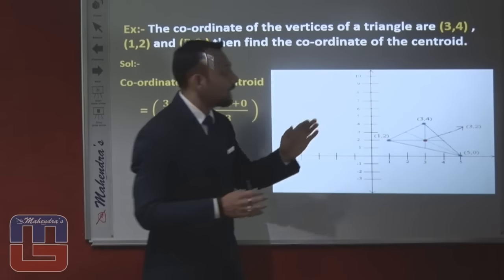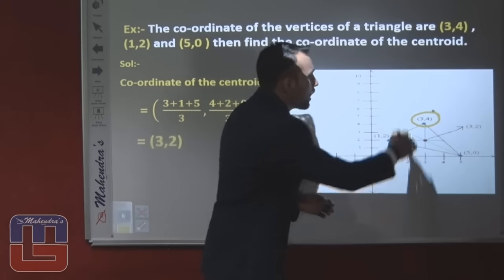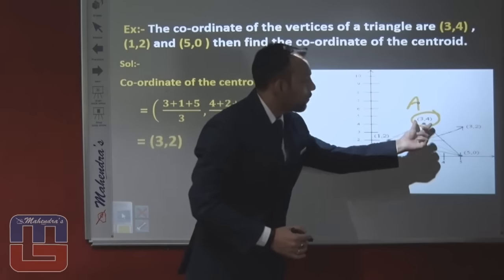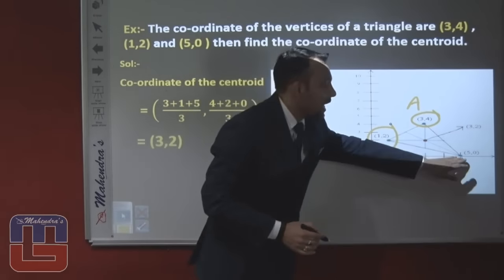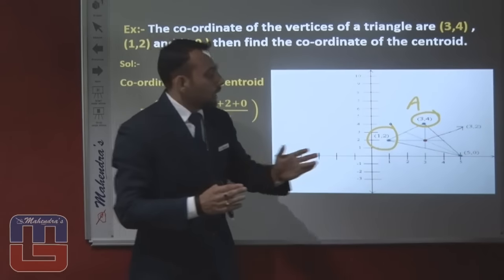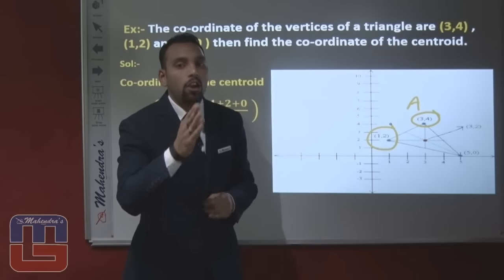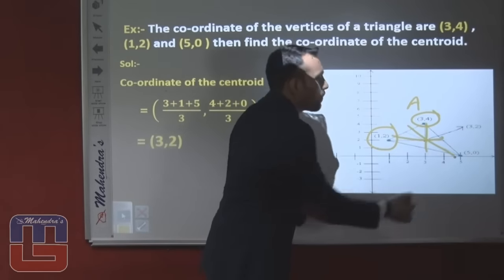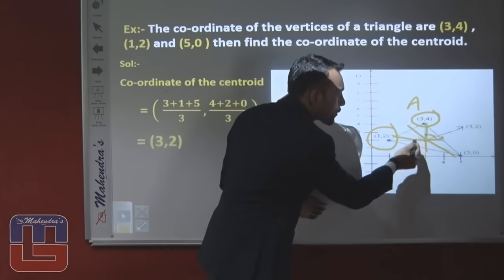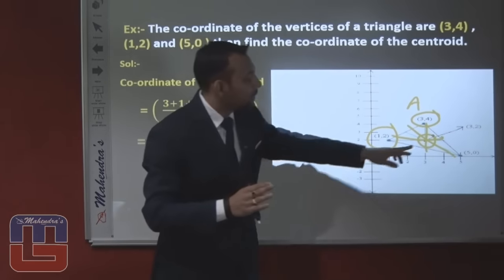Now you can see in the diagram, this is the first vertex A (3, 4), the second vertex is (1, 2), and the last one is (5, 0). These three vertices are given, and we have to find the coordinates of the centroid, which is the intersection of the medians, or you can say this point.